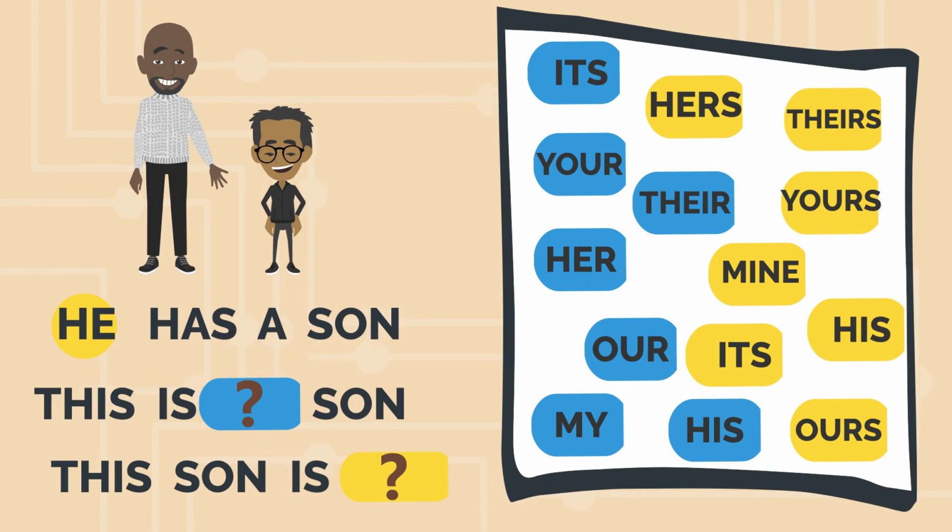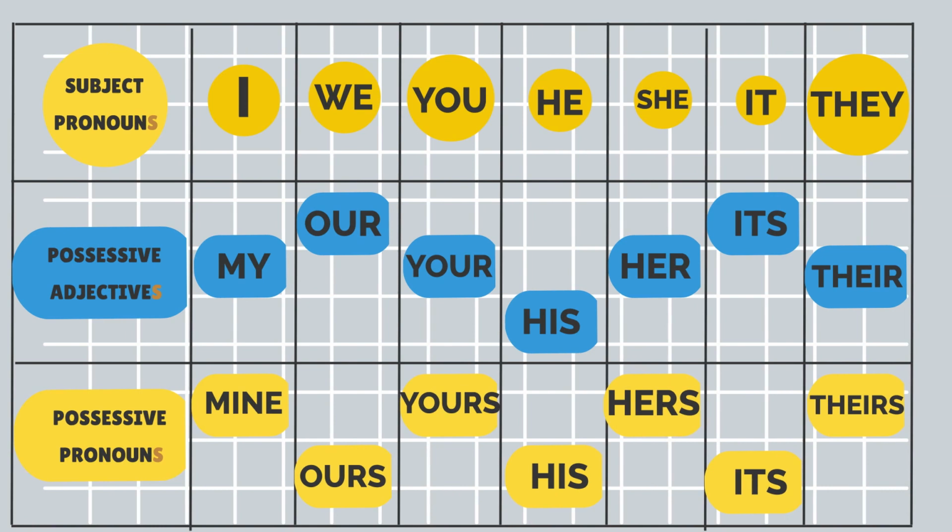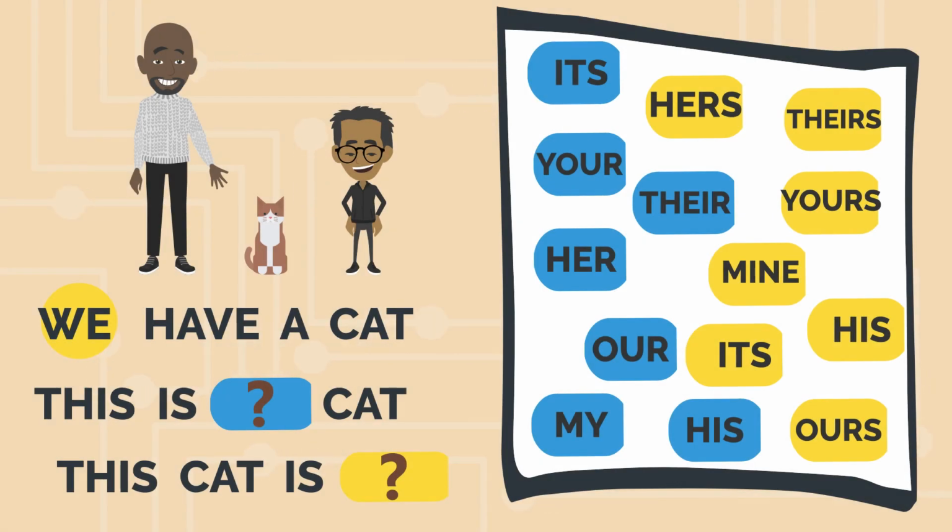He has a son. This is his son. This son is his. We have a cat.